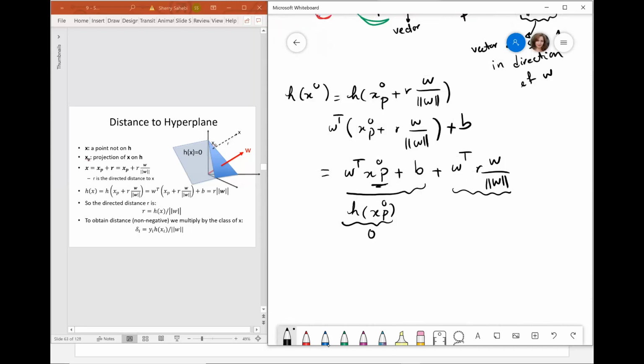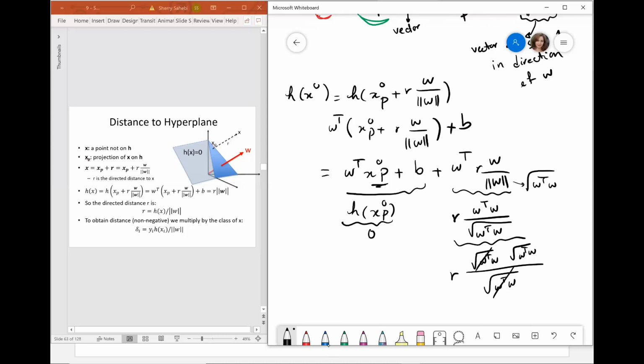Now for this part, we know that norm of w squared is equal to w transpose w, right? So this whole thing is actually equal to r w transpose w divided by norm of w, which is the square root of w transpose w, right? So basically, it is equal to r times square root of w transpose w, times square root of w transpose w, divided by square root of w transpose w.